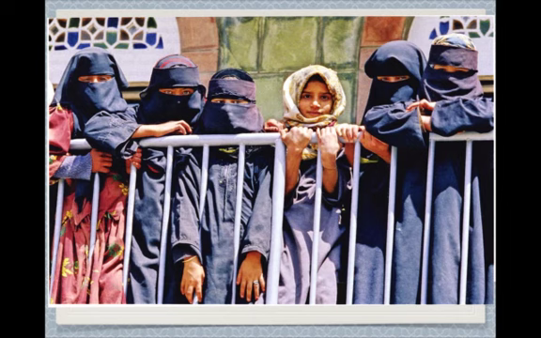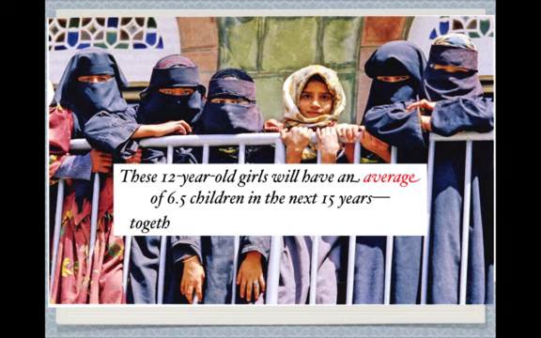And these 6 children are in Yemen, where they also have a very high rate of population growth, over 3%. These 12-year-old girls will have an average of 6.5 children in the next 15 years. Together, these 6 girls are likely to have 39 kids.